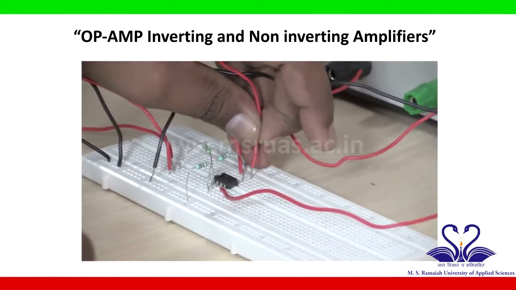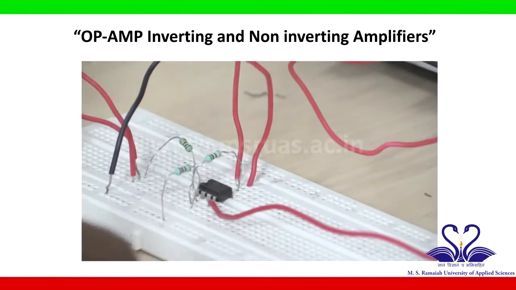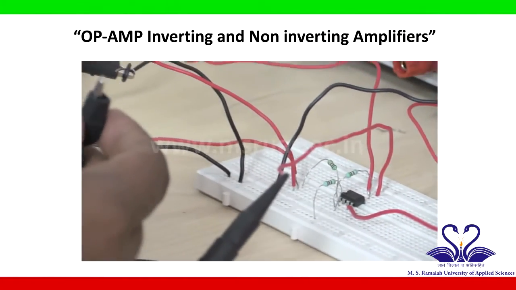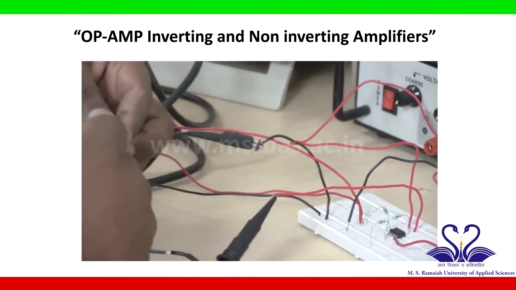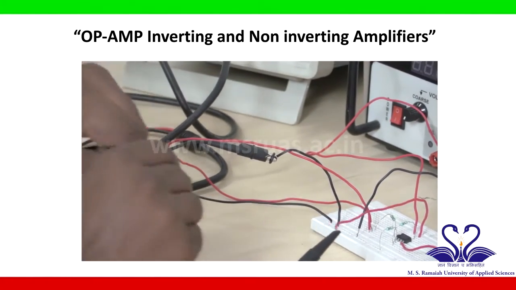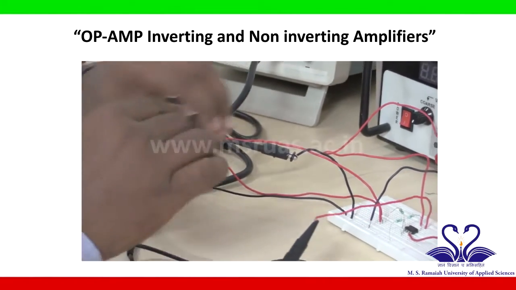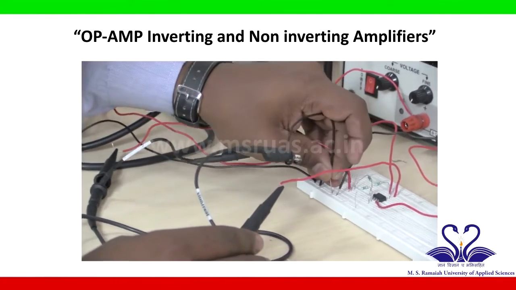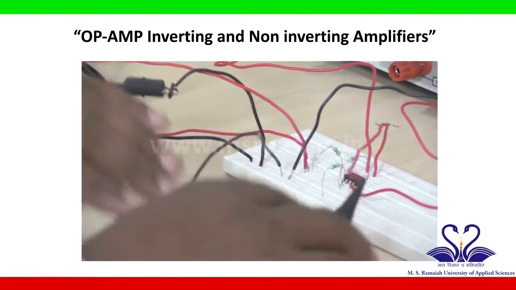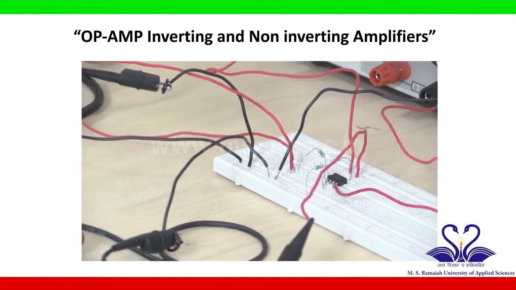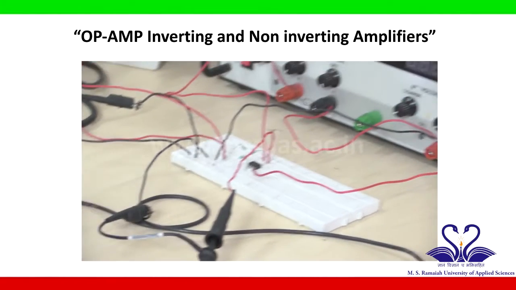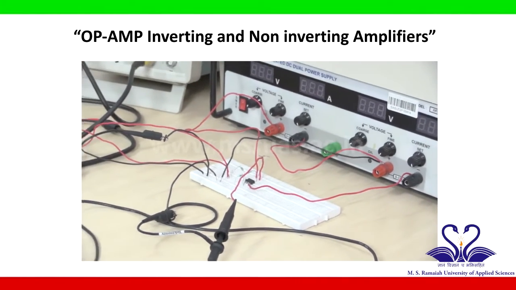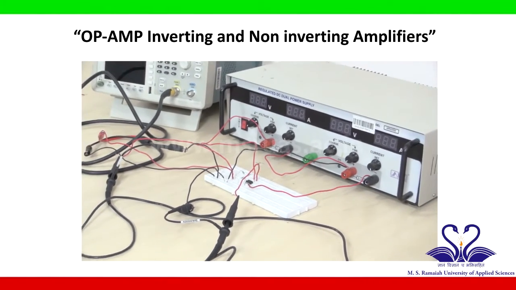So this is pin number 6 and its negative is connected to ground. Take a wire and connect it to ground. So now we have done a complete circuit connection for an op-amp inverting amplifier.